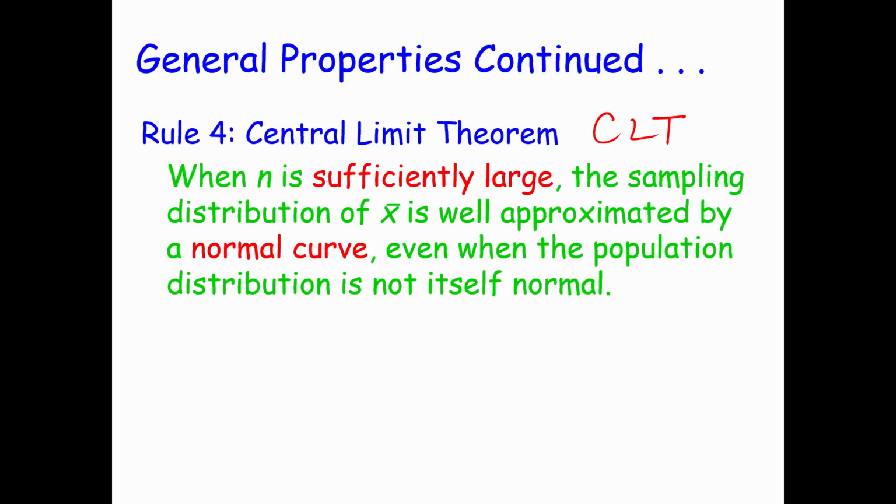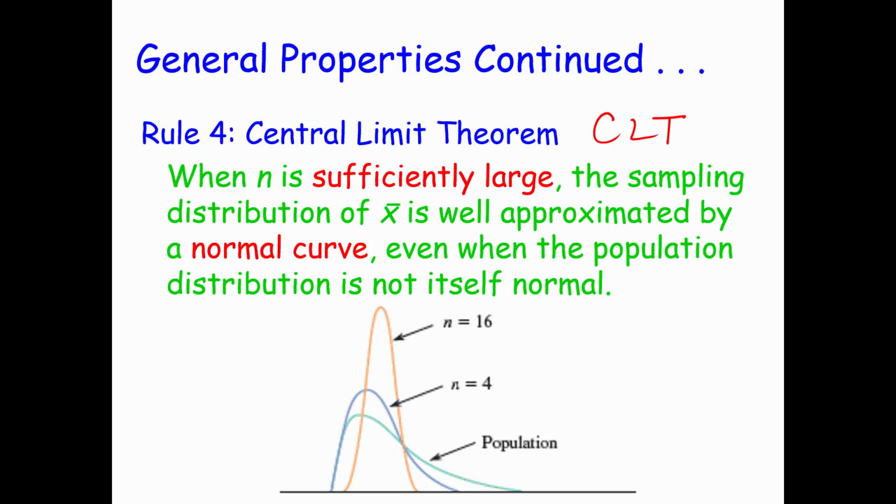So we just saw an example of that where it was very positively skewed to the right, but when we started sampling it, the sampling distribution ends up being approximately normal. And so here you can see, here's our population curve, how it's skewed off to the right. If we draw a sample size of 4, it gets a little bit more normal, and then a sample size of 16 gets a lot more normal. It's very tall and skinny, but it is approximately normal that way.